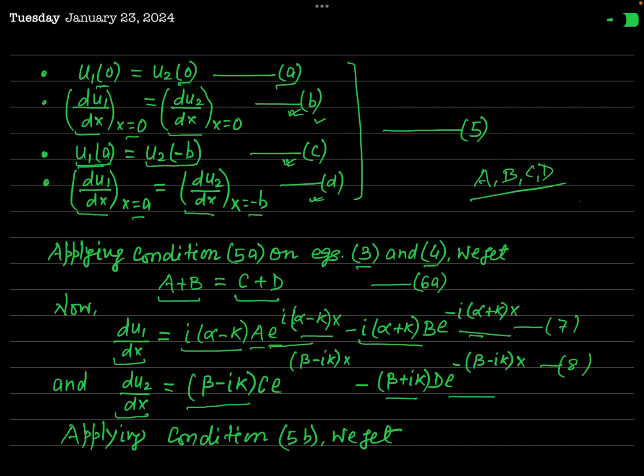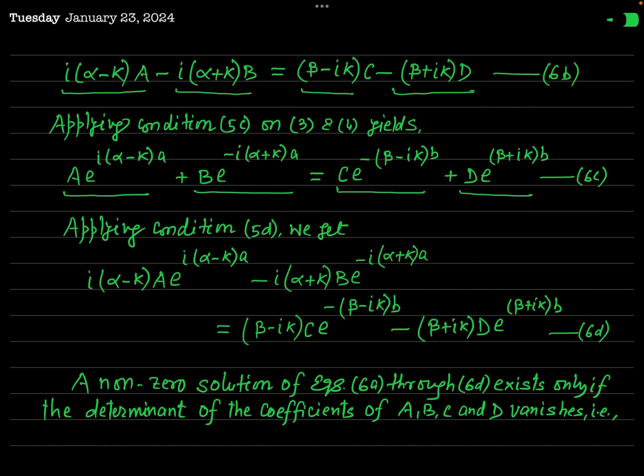Okay. Now finally we will apply this boundary condition 5d. See here. For this, you have to put x equal to a in the RHS of this equation 7, and x equal to minus b in the RHS of equation 8, and then we will equate those two values. So doing this, your result will be what? You can check it.